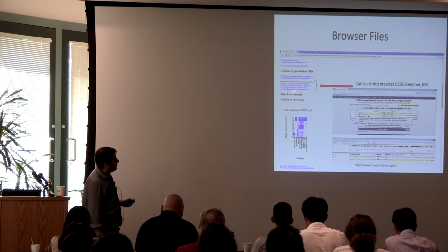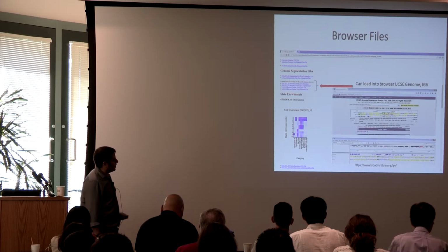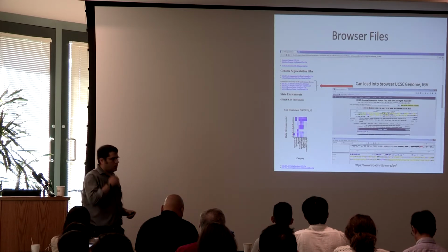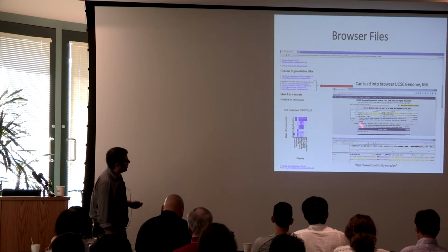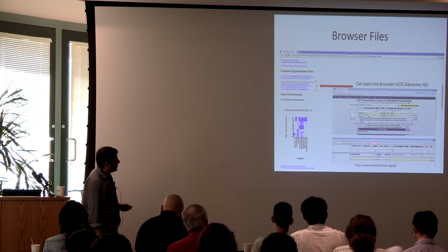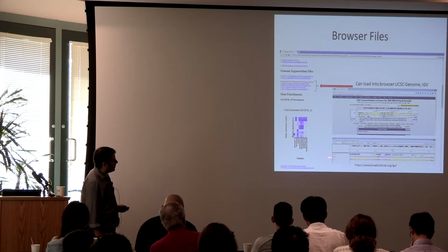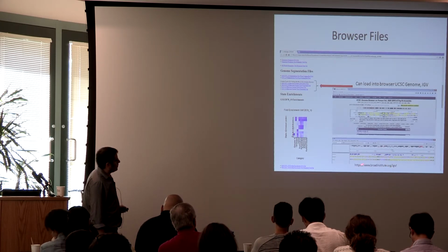Now these files are what can be loaded into the browsers. It mentions the UCSC genome browser, but IGV is also popular, a downloadable browser from the Broad Institute. Here's the URL.